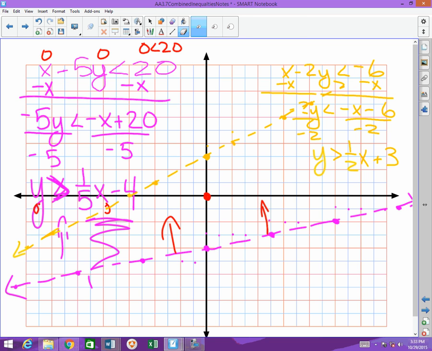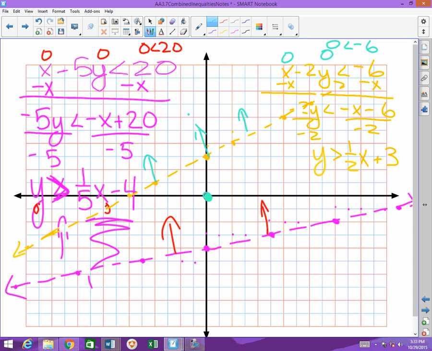And then again, we got to pick a point. This one does not go through 0, 0, so I'm going to use it as well for this one. Substitute 0 here and 0 there. And is 0 less than -6? No, it is not. So in this case, it is false. So we have to shade on this side of this line as well.